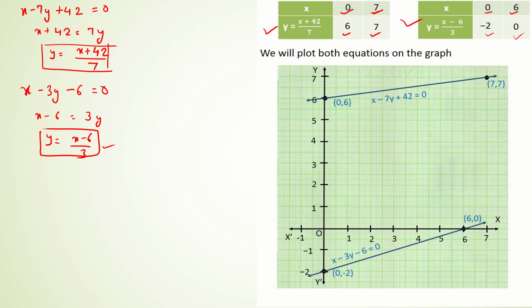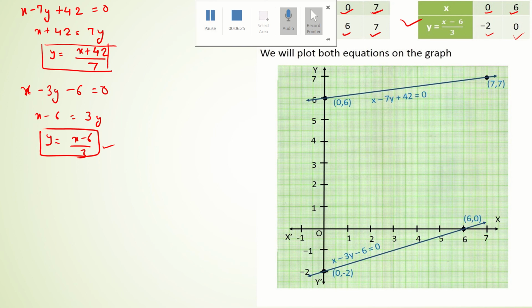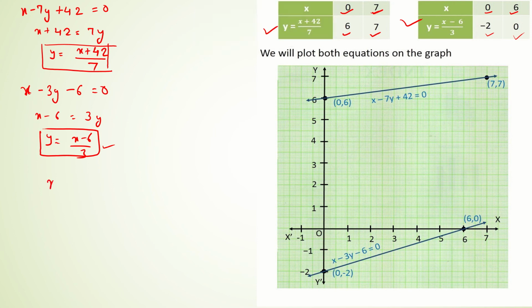So here, if we find the extended point, it will be x equals 42 and y equals 12. So the intersecting point of these two lines will be (42, 12).